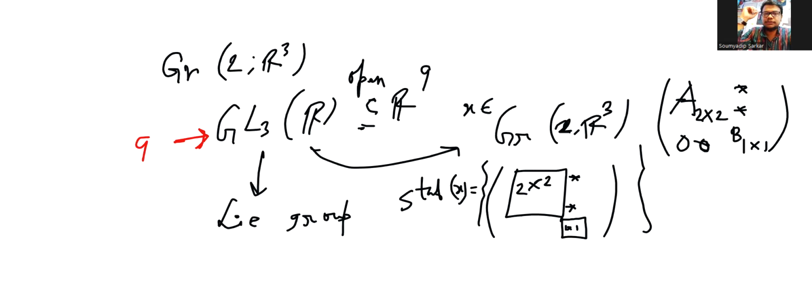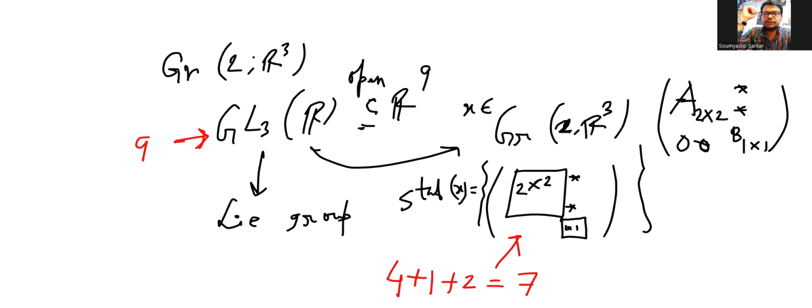And what is the dimension of this stabilizer? You have this 2x2 block, so 4 entries, then a 1x1 block, so 1 entry, and then you can freely choose these 2 entries. So 4 plus 1 plus 2, overall 7. So GL3R is a 9-dimensional object, and the dimension of the stabilizer is 7.